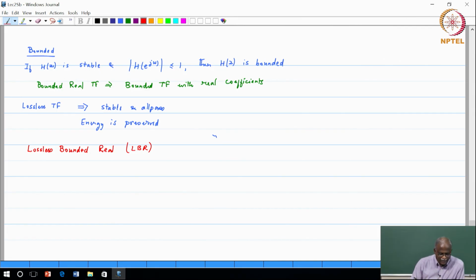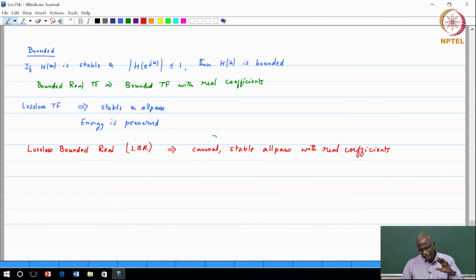So basically this would point to a causal stable all pass with real coefficients. So just lossless could mean an all pass function with complex coefficients, and another reinforcement of the property is that we also want things that are bounded.